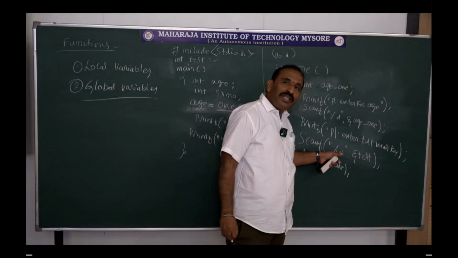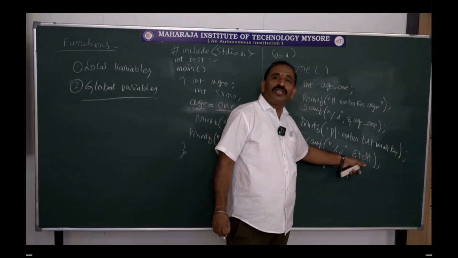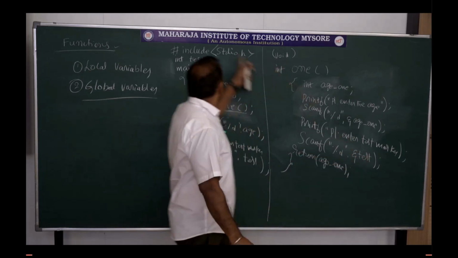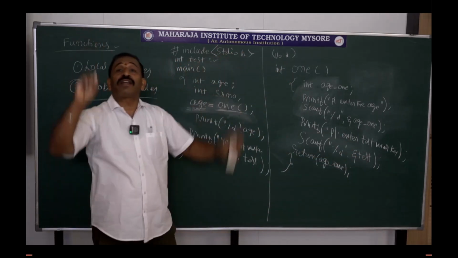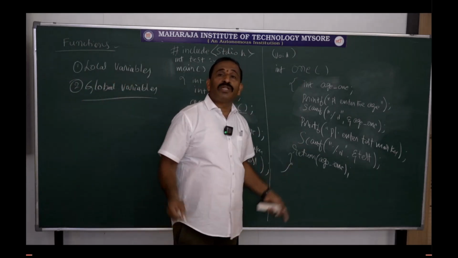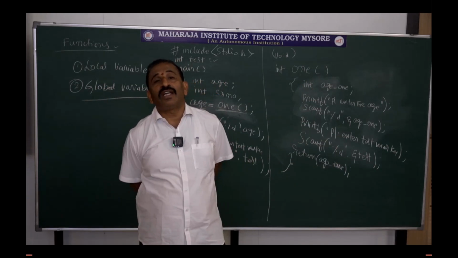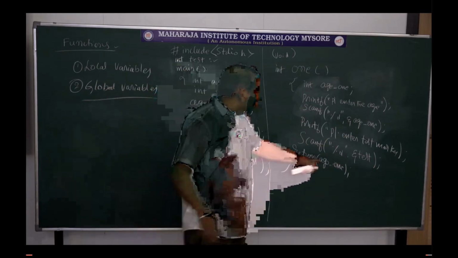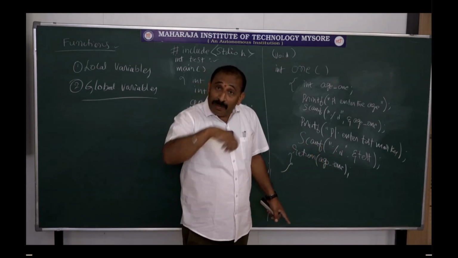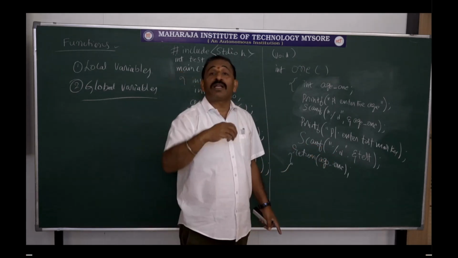Scanf %d ampersand test. You may worry, sir, where is this test? Test is a global variable. You can use it anywhere. You need not declare it within this function. So its scope is the entire program. You read the test marks.